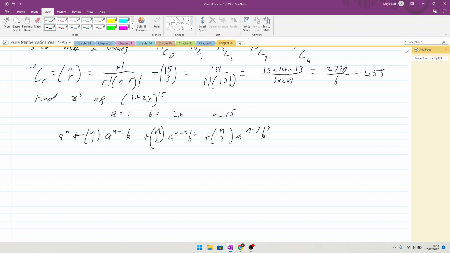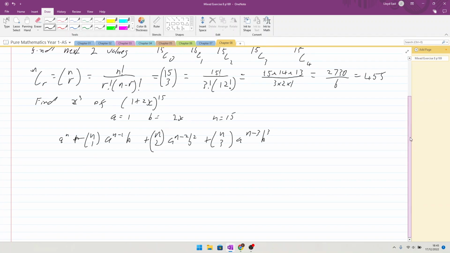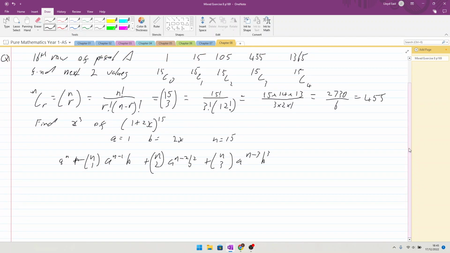So 15C3 is 455. a is 1 to the power of 15 minus 3, and 2x to the power 3.